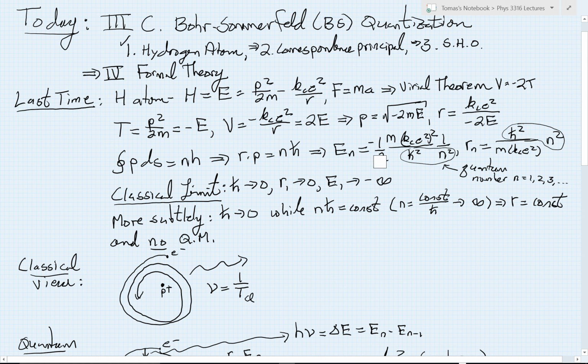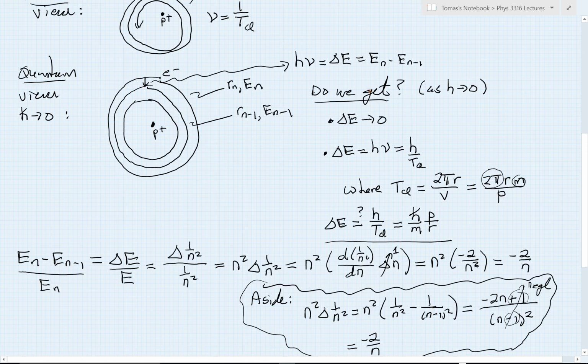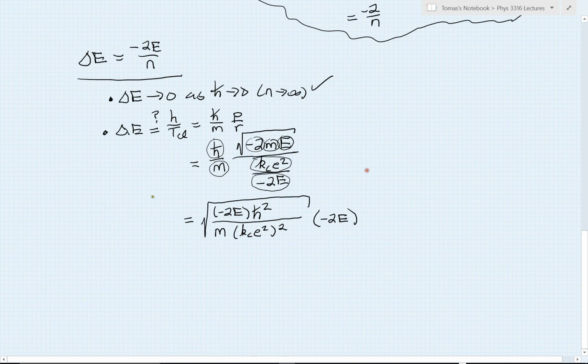It has a minus 1/2 mass times Coulomb pieces squared over h bar squared n squared. So I guess we'll copy it down here so we can do a little bit of the work. So the energy then down here, if we remember, has a minus 1/2. It has the mass times the Coulomb pieces in the numerator squared divided by h bar squared.